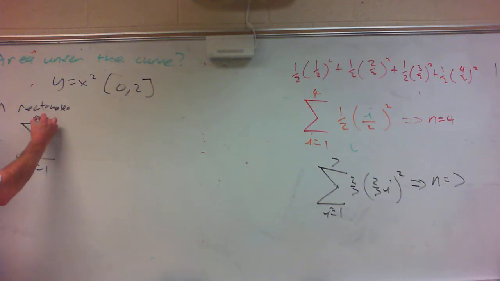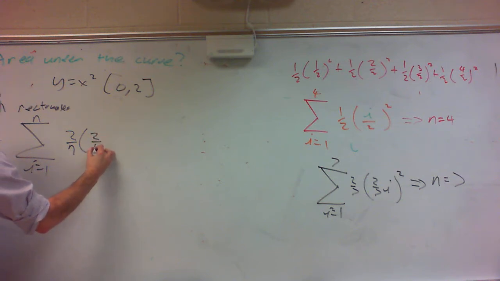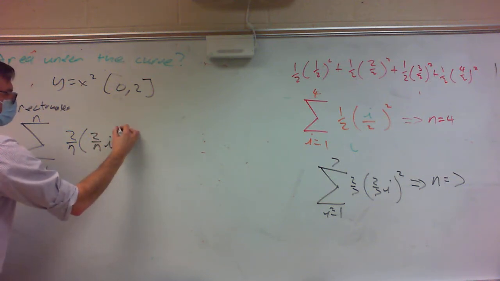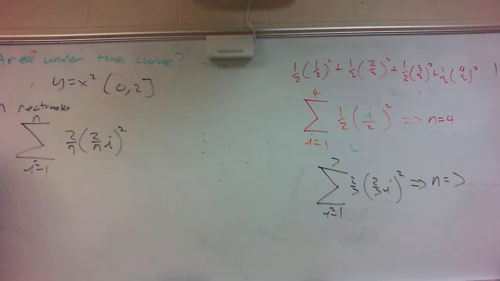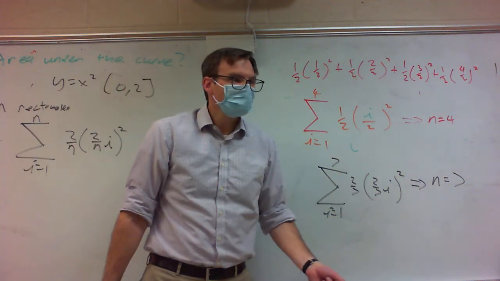N. What goes here? 2 over n. What? 2 over n I squared. Do you see I just simply changed all the 7's to n's?